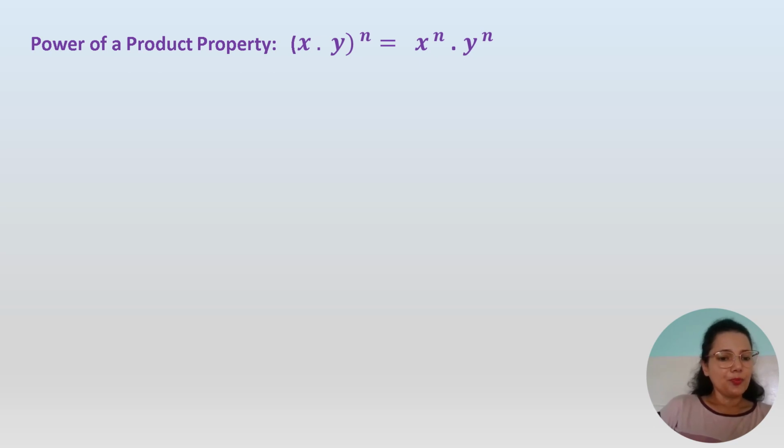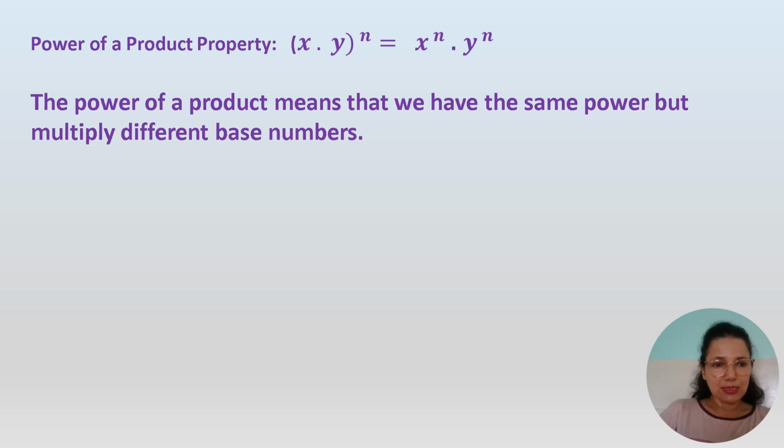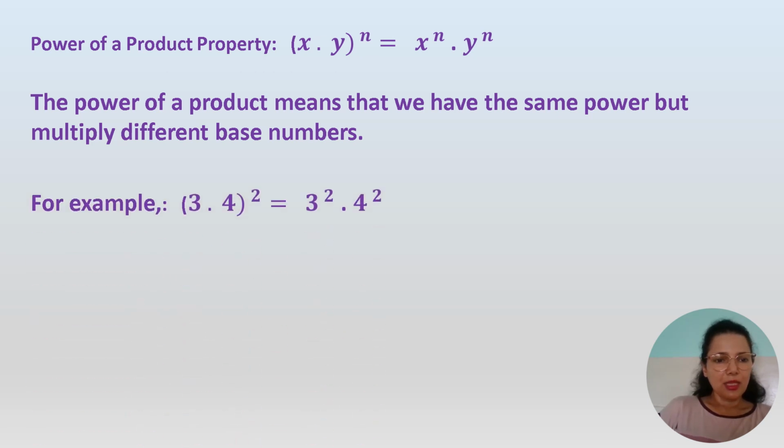Okay, so your notes on it: the power of a product means that when we have the same power but different bases, we apply the same power to each base. Right. So for example, if I had in brackets 3 times 4 to the power 2, that is very simple.